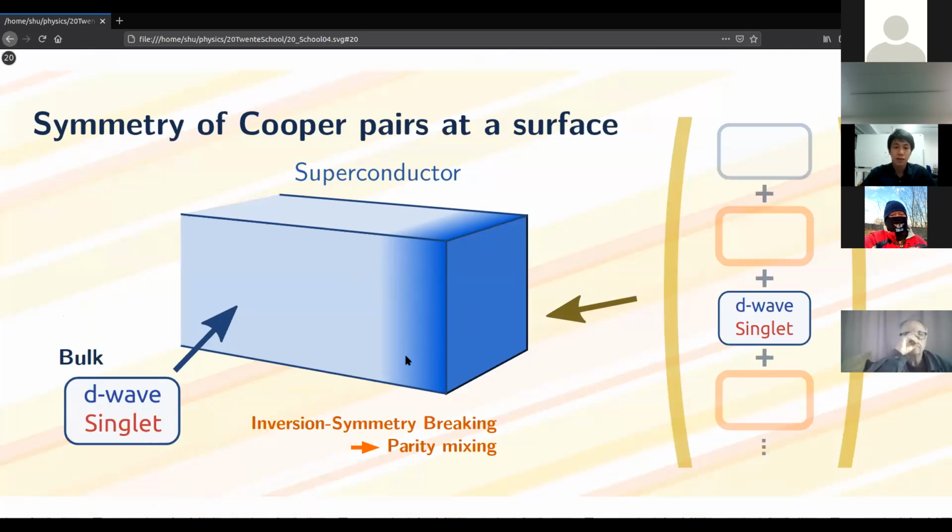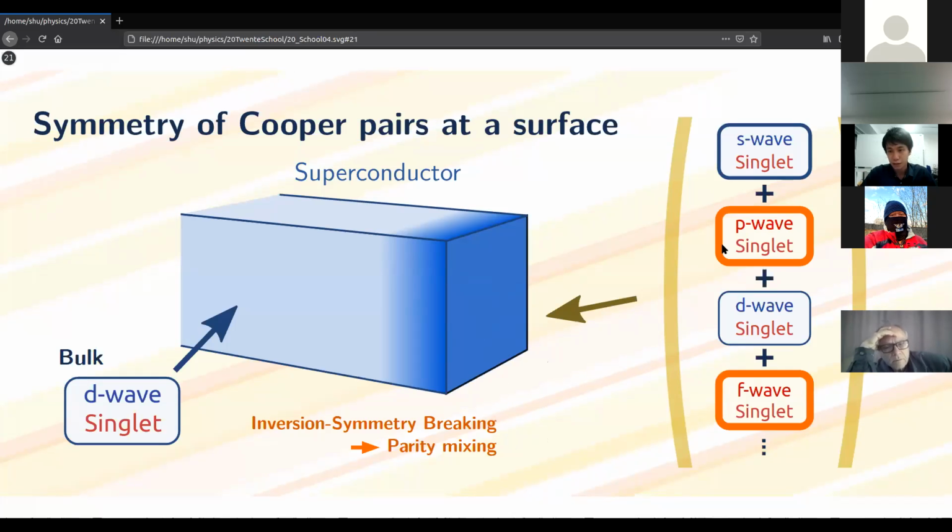However, near the surface of the D-wave superconductor, inversion symmetry is locally broken. Which means that the parity is no longer a good quantum number. So near the surface, the pair function should be written as a superposition of these components.